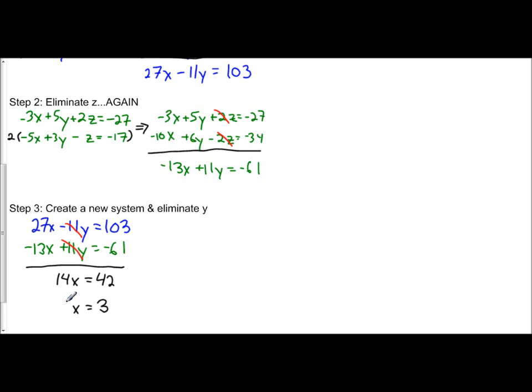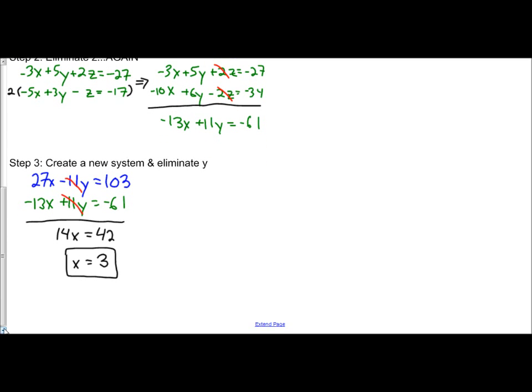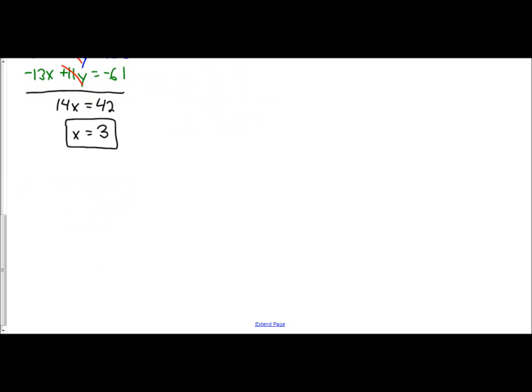So I now know x. I can plug it into either equation, the 27x or the negative 13x, to solve and get y. So that was our step 4. Our step 4 is to substitute in to find y.